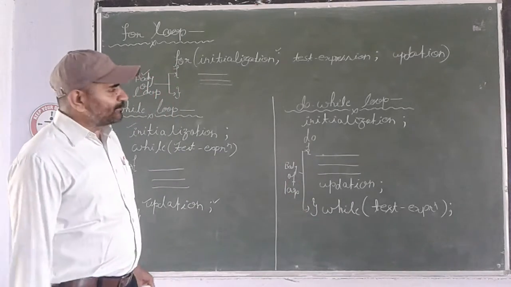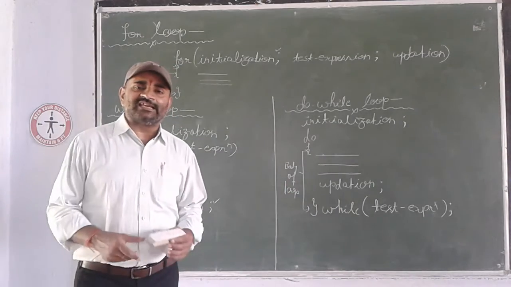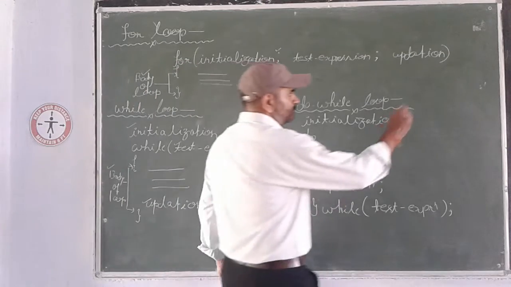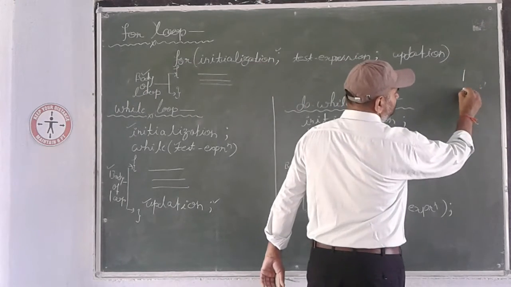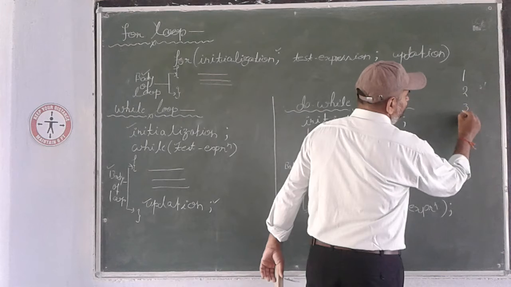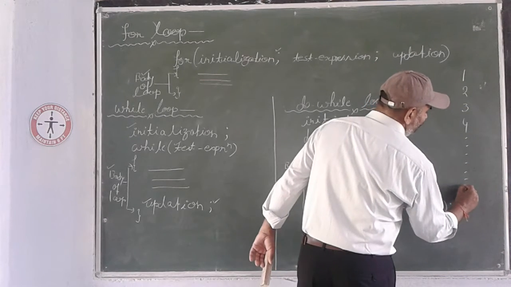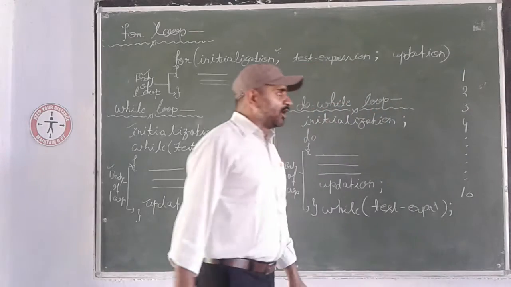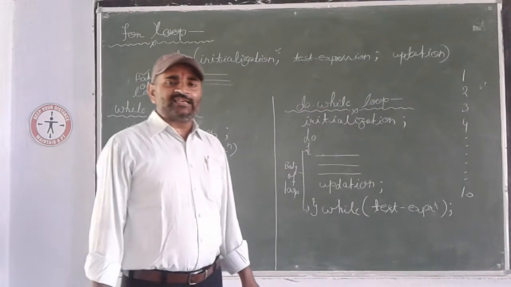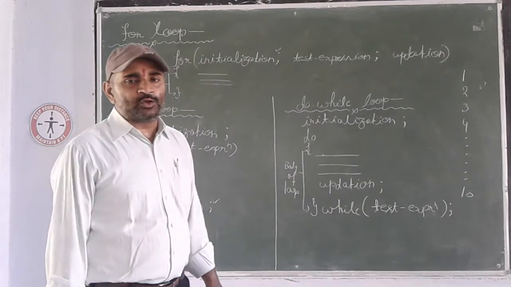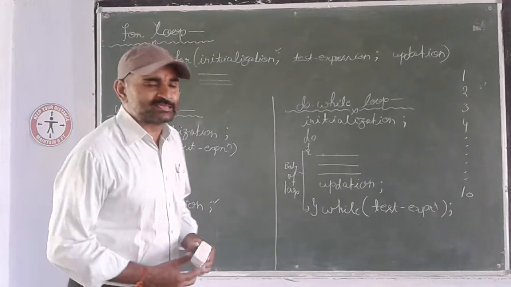Now, suppose you have to print a series from 1 to 10. So how can we define this in the for loop, while loop and do while loop? You can see.